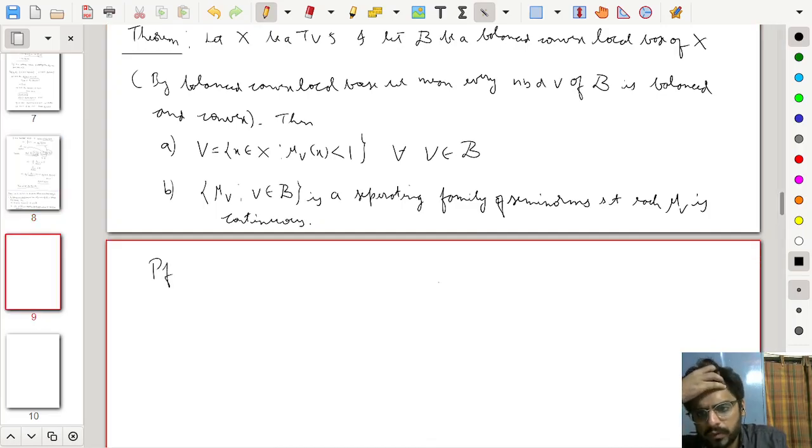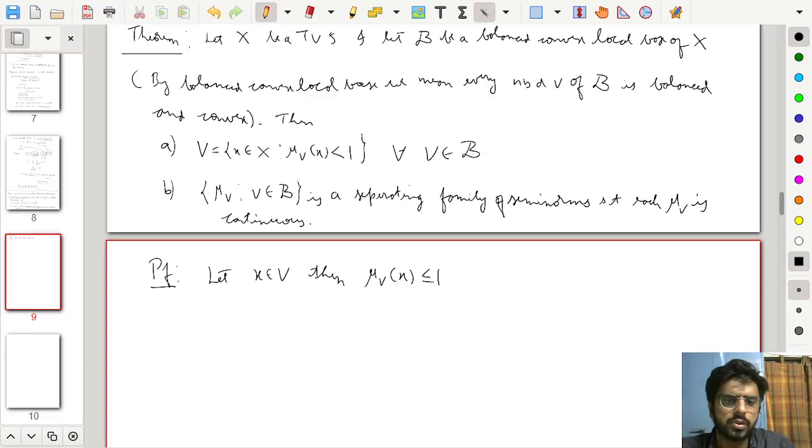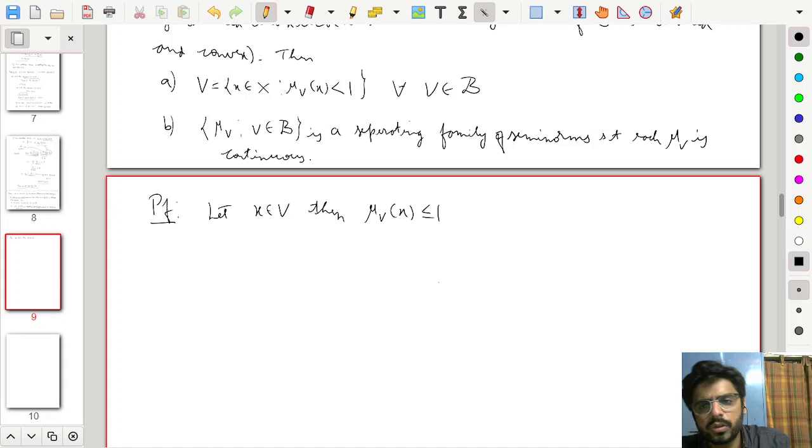So proof. Let x belong to V, then we know that mu V of x is less than or equal to 1, right, by definition. But we need to show that mu V of x is strictly less than 1. For this we will make use of the continuity of scalar multiplication. We know that 1 times x is equal to x, which belongs to V, right?